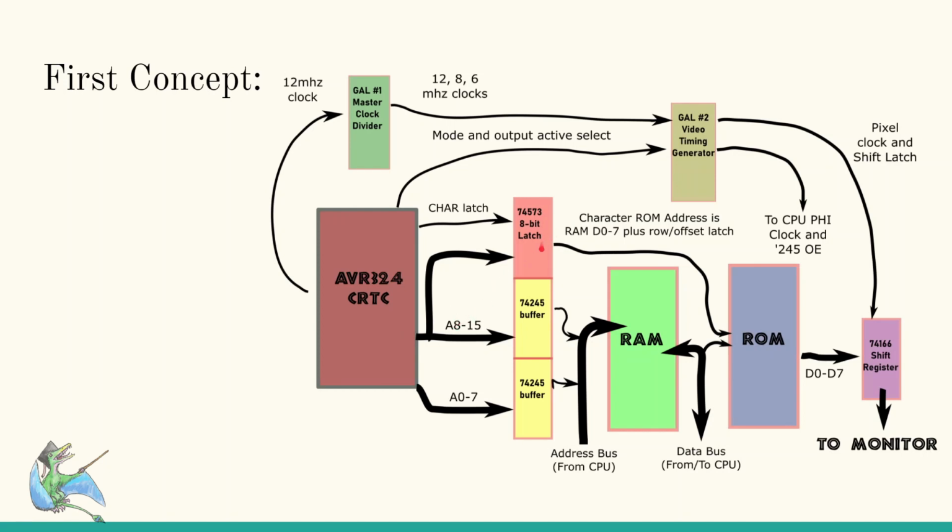Because you only need, say, 3 or 4 row address lines, you could use the rest of them for our character ROM, which is a 128K flash chip, so you could have multiple character sets in there and switch between them. So we were simply going to throw a latch in there to drive the ROM address lines.